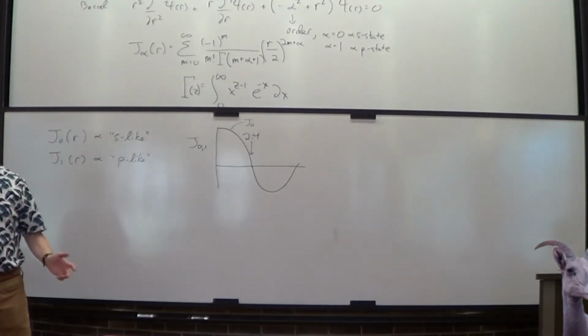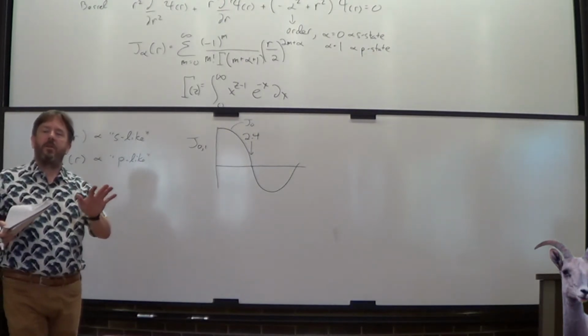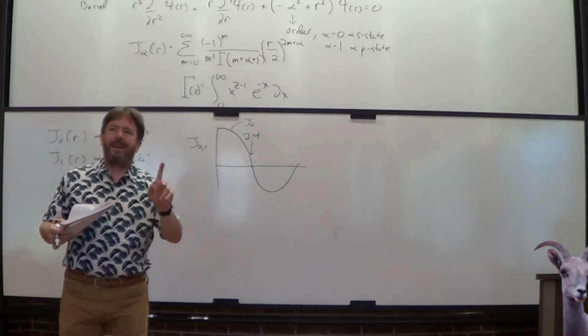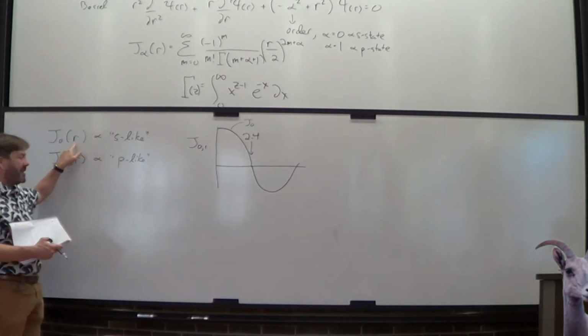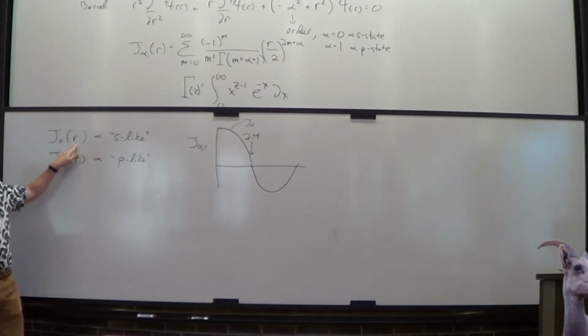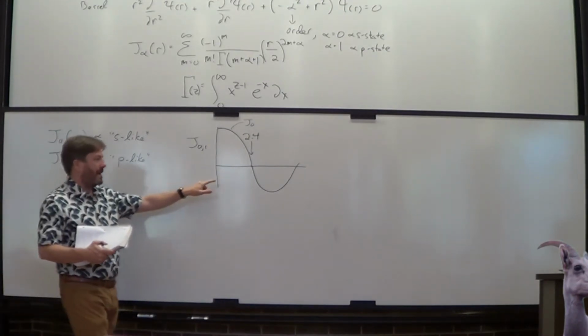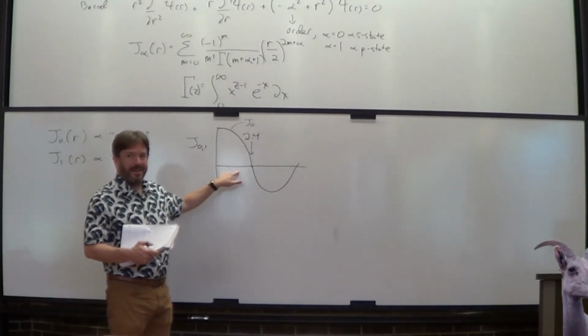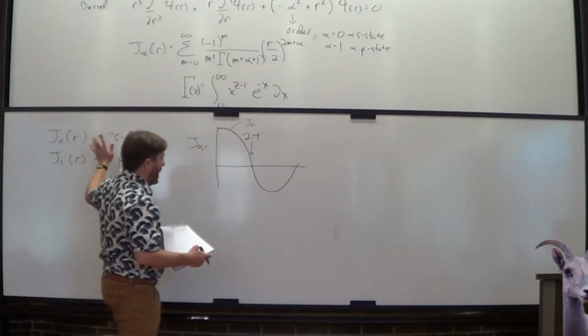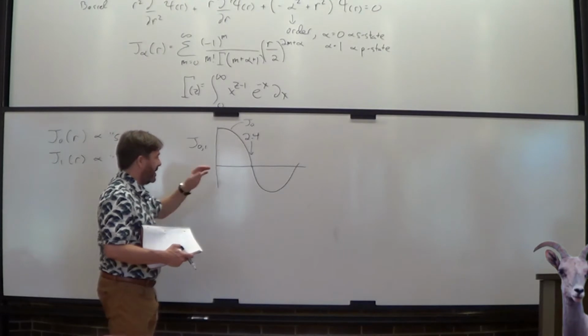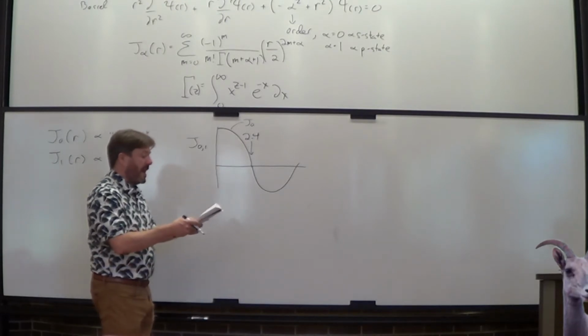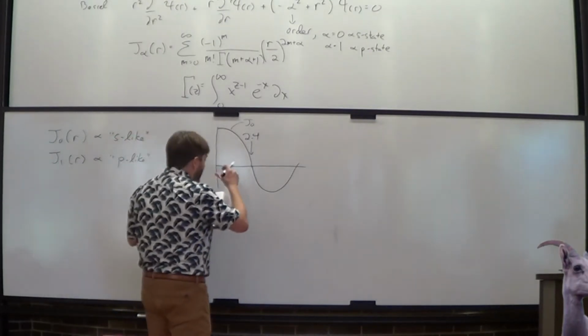What am I talking about? I'm not talking about anything. 2.4, no units. Now that should be a clue that I've actually done something wrong here. R has units. But if I use MATLAB, I cannot plug in units. So this is not correct. I'll explain what the actual thing here is in a minute. Anyway, so that's the J of 0, the S function.